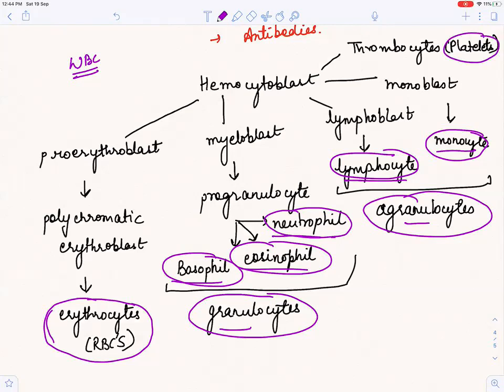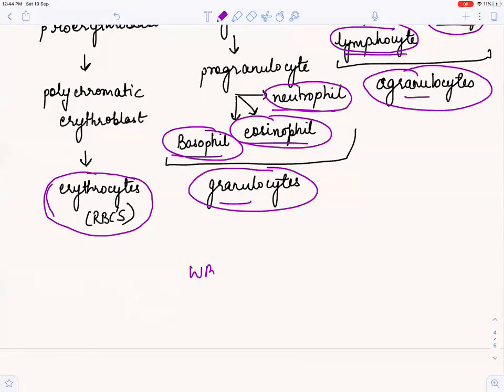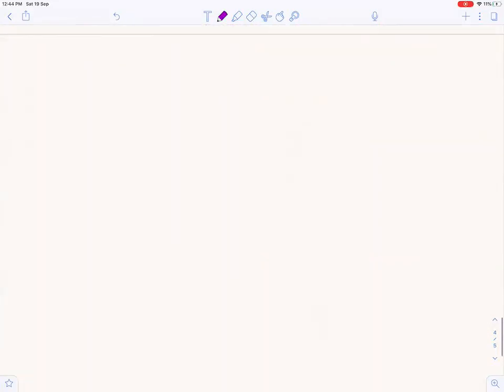So all the formed elements we have covered in this chart, right? So now you know that WBCs are divided into agranulocytes and granulocytes, and what is in each. So please learn this chart. It is important.